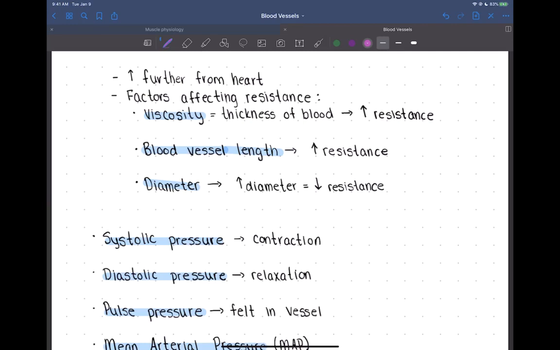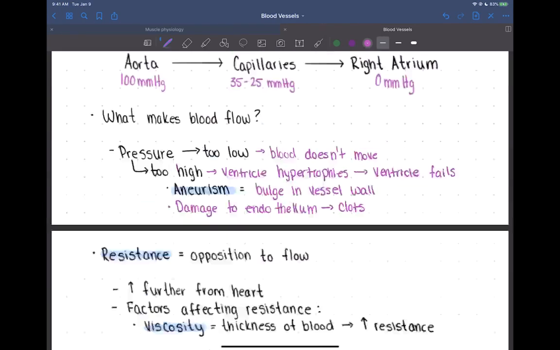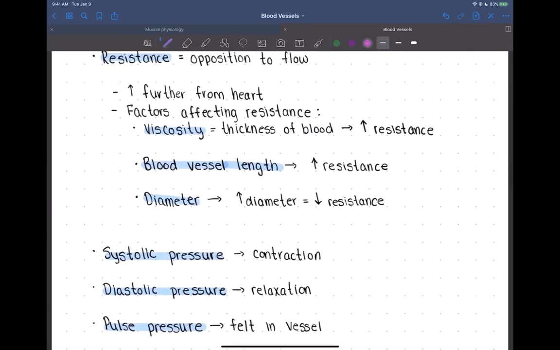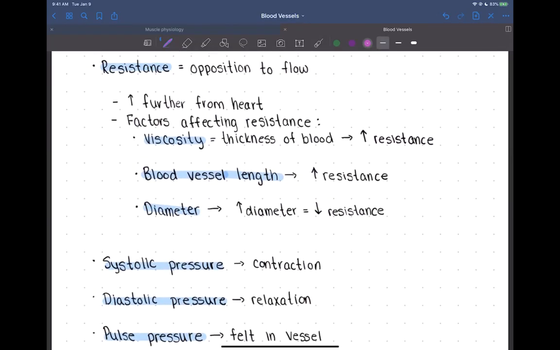That would result in an increase in resistance, which would put strain on your heart because it would have to pump harder to move blood through. So obesity as well as gigantism, which we talked about with the endocrine system. That individual would obviously have a lot more blood vessels to go to all of their tissues.